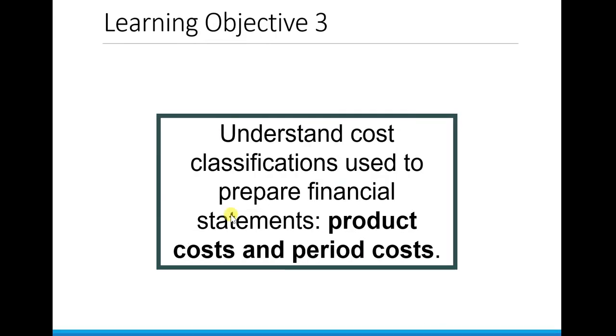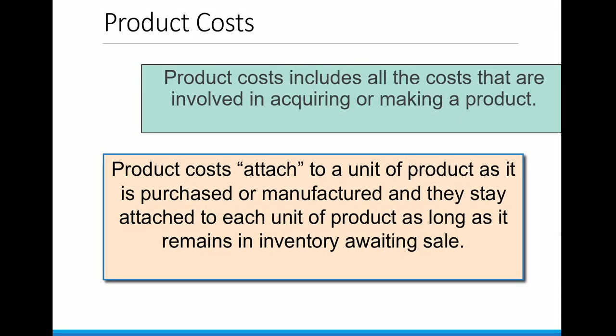Learning Objective 3. Understand cost classification used to prepare financial statements. In this section, we will study the product cost and the period cost. So the product cost, everything which is used to produce a product is called the product cost.